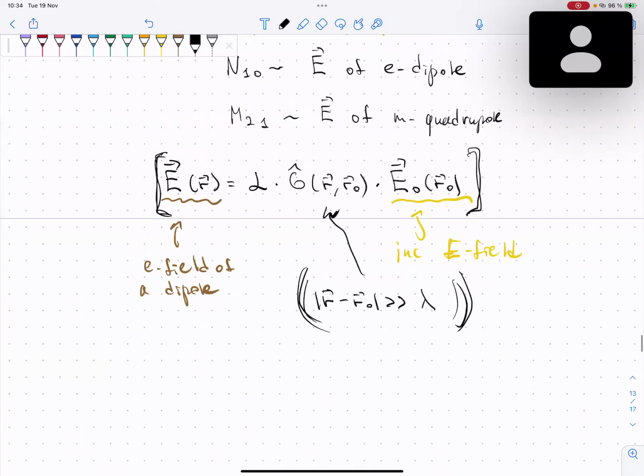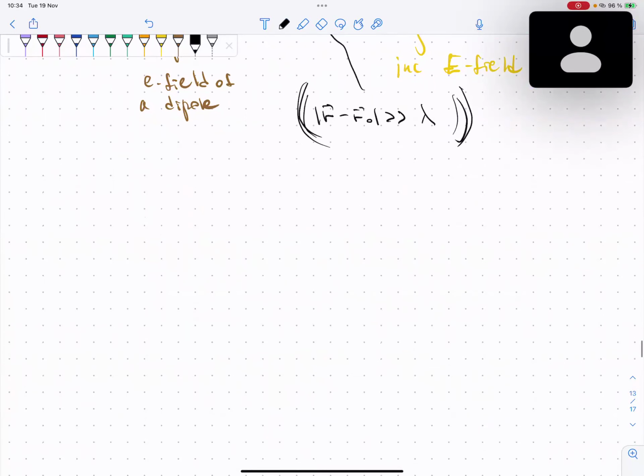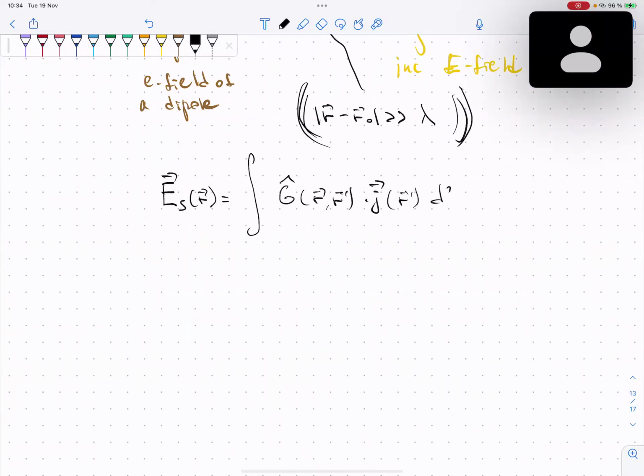In the general case, any scattered field can be written as an integral, as a convolution of the current with the Green function.